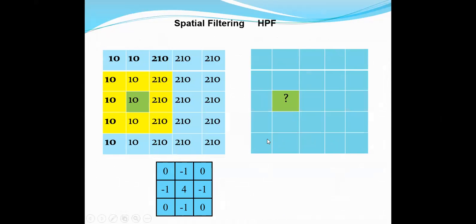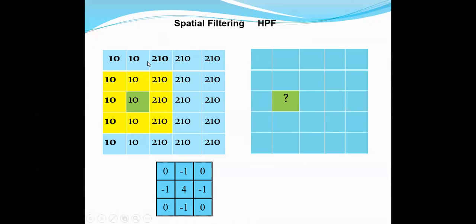Now let us solve one numerical based on the Laplacian filter. This is a 5 by 5 image. Consider this 3 by 3 neighborhood. The pixel in green color is the pixel under consideration. Apply this Laplacian mask on this 3 by 3 neighborhood and tell me the resultant value. Applying a mask is clear to all of you; we studied it with smoothing filters.